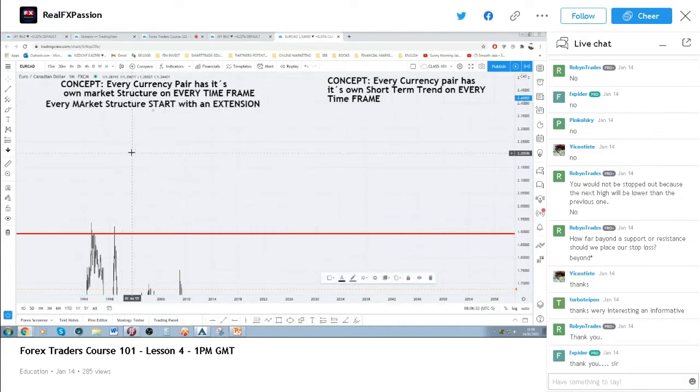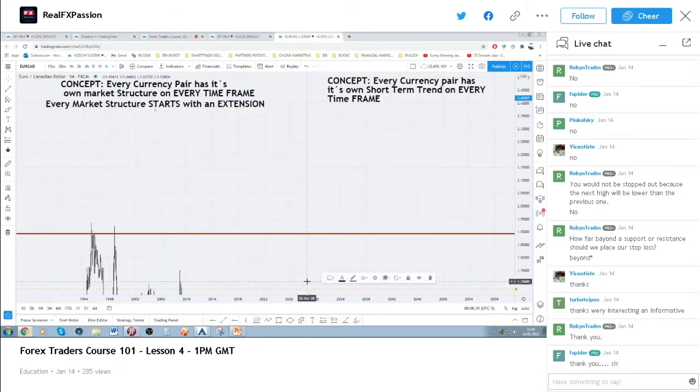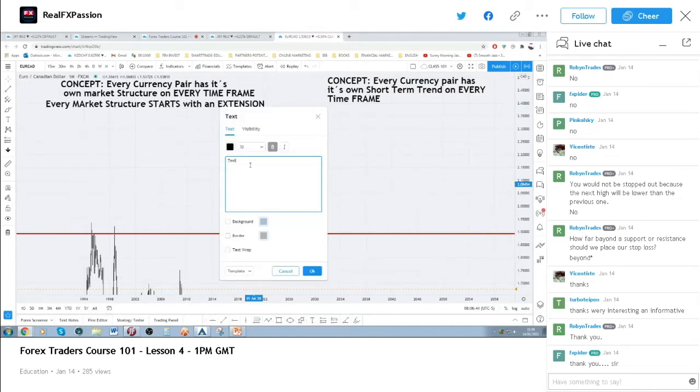Every market structure starts with an extension, and you don't want to hear this, everybody, but the smaller the time frame, the more challenging it is to identify the structure, I hope my English is correct.